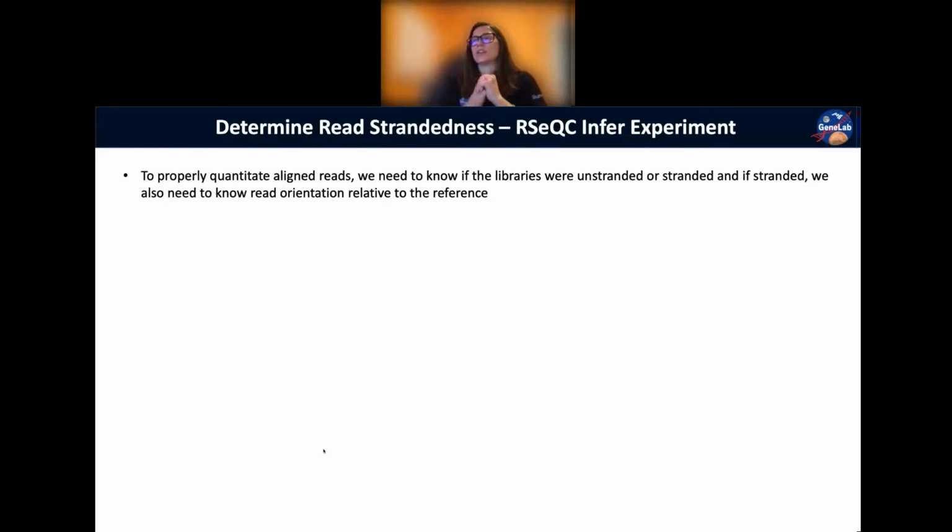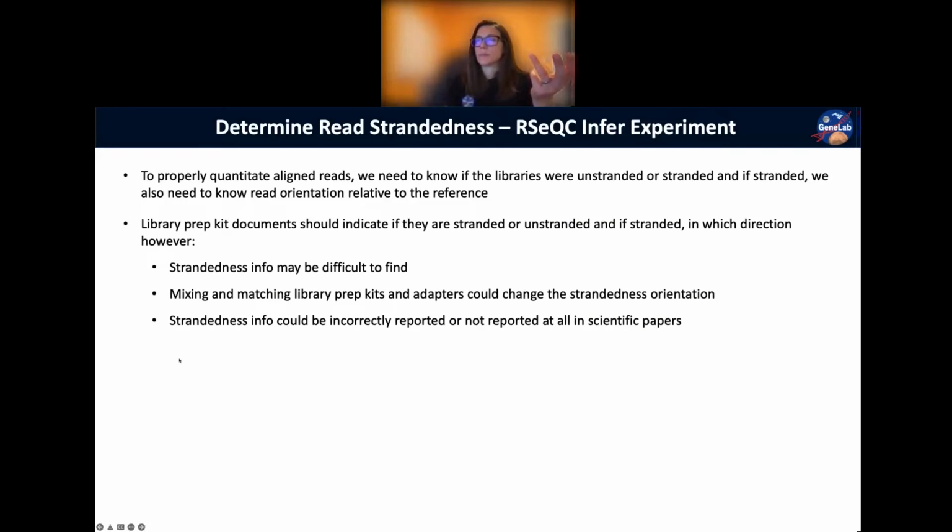And so we need to know what orientation was preserved. And the information should be in the library kit document. So the library kit document should indicate if the kit is stranded or unstranded. And if it is stranded, it should indicate which direction it maintains the strandedness.